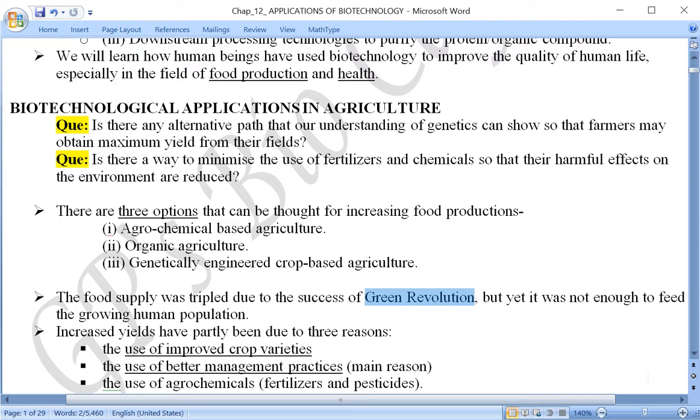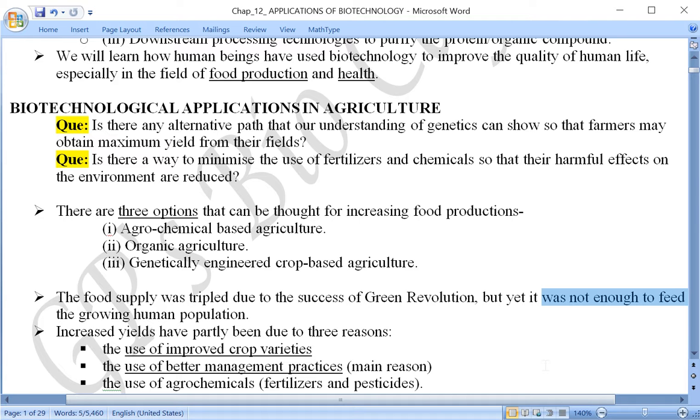Here we are talking about the food supply being tripled due to the success of this green revolution. But still the food that was made available was not enough to feed the growing population in our country, or the growing human population.